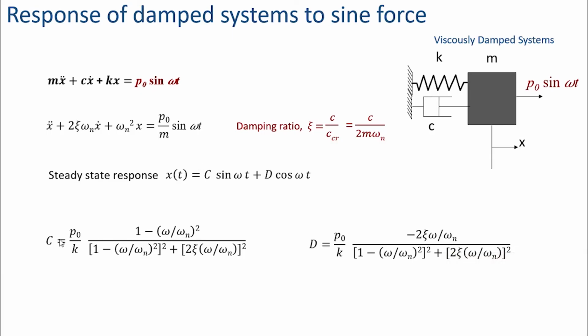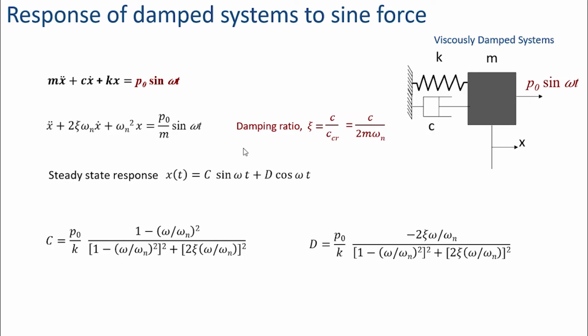We had derived these coefficients C and D, and the coefficients are given by this. If we can calculate these coefficients, we can find the steady state response of this system under sine force.